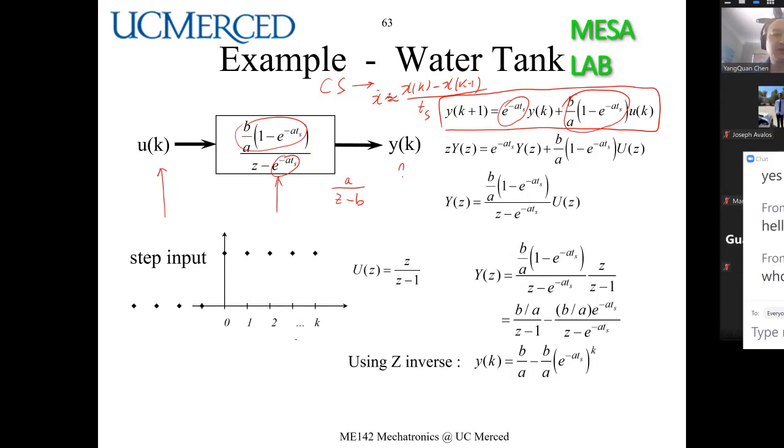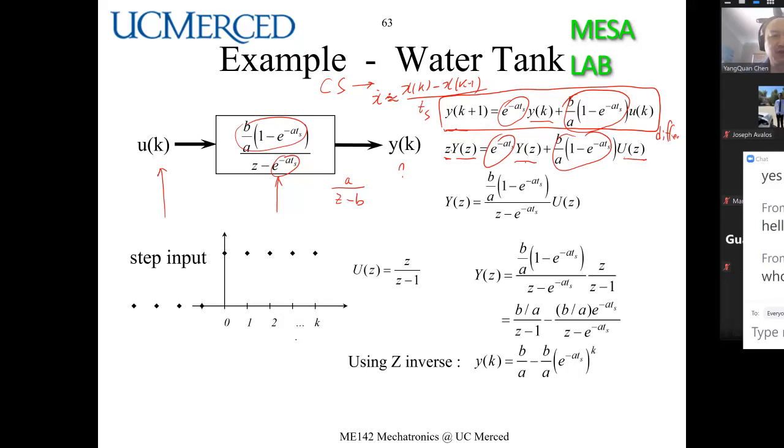So according to what we have learned, this is a difference equation. I do z transform. So this is z Y(z). This is y k corresponding to Y(z). This is a copy, right? This is a copy. So this is U(z).